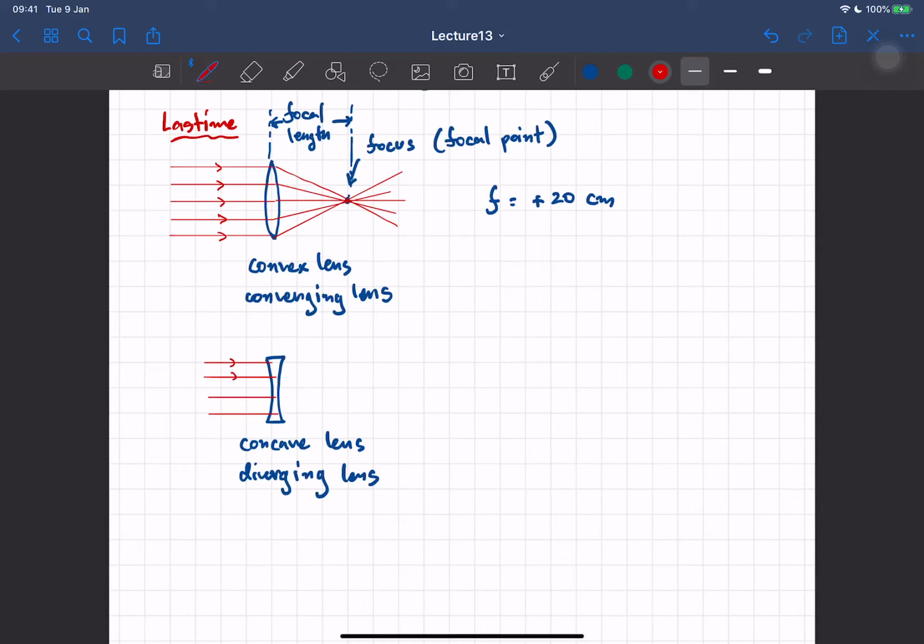Okay, so it's diverging, so it's not gonna go this way, it's gonna go out actually. And we can also define the focal length or the focal point or the focus of this kind of lens by doing it this way. So that's the focal point. But in this case, the light gets diverged, and then when you trace it back, they're all gonna meet at the same point over there.